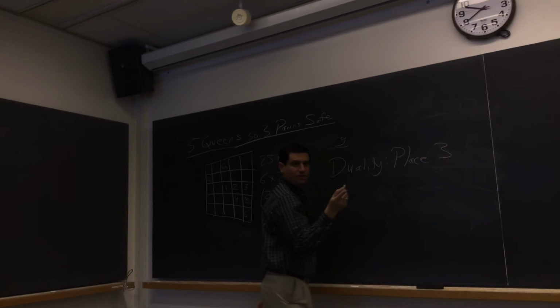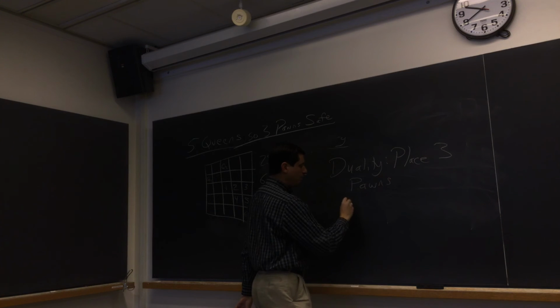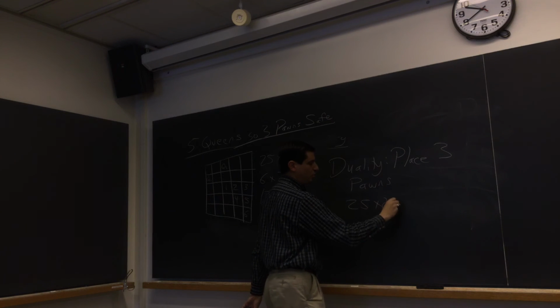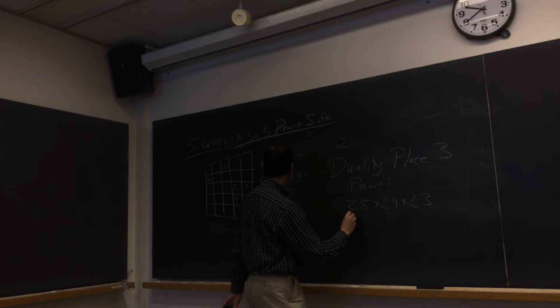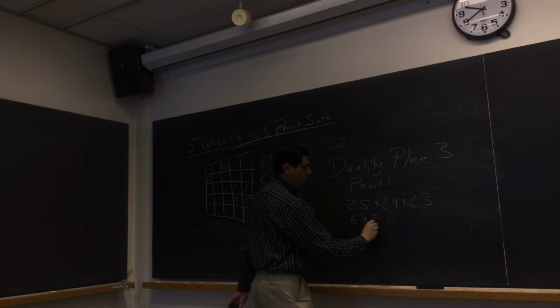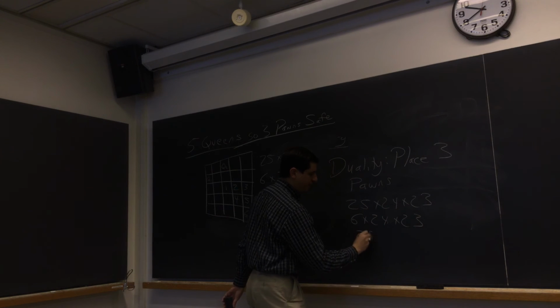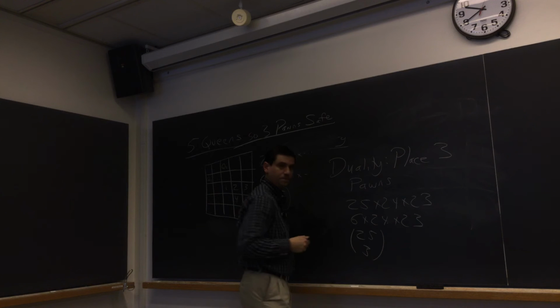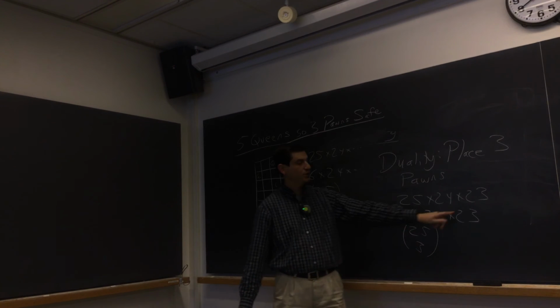And I'm still focused. 3 pawns. So now it could be 25 times 24 times 23. It could be 6 times 24 times 23, or it could be 25 choose 3. Or we could do even better, not 6 times 24.